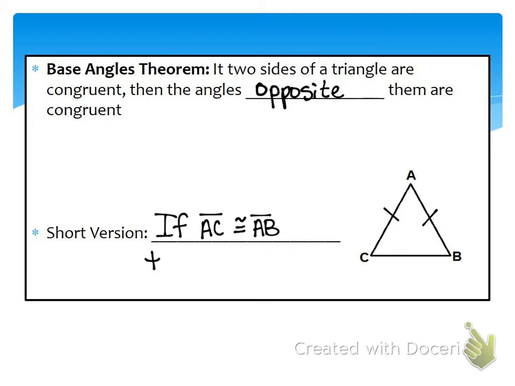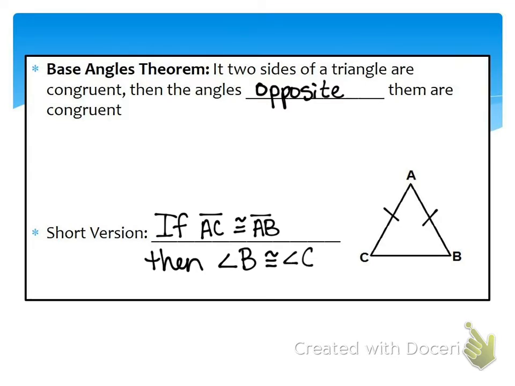Then the angles opposite those sides would have to be congruent. So what angle is opposite side AC? Angle B would be congruent to the angle that is opposite side AB.